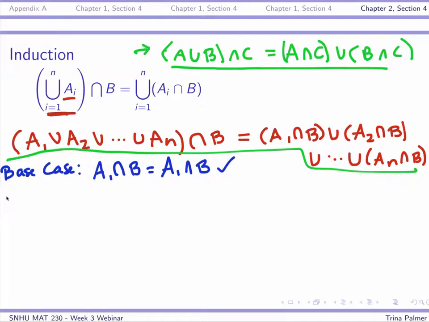We want to assume it's true for n equals k.